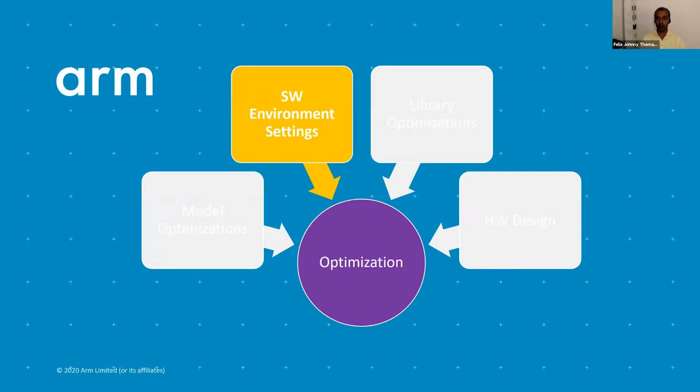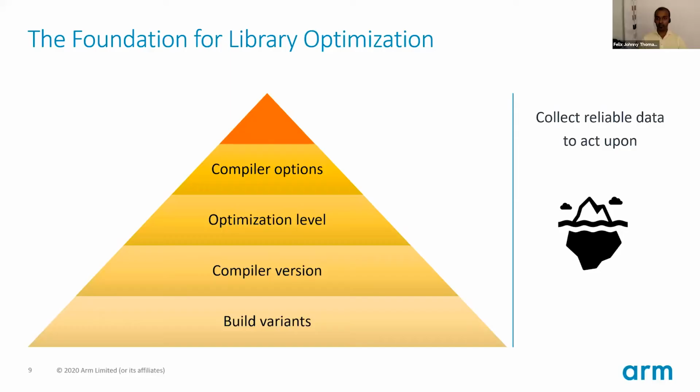All right. Now let's get into the details. We'll take the first part, which is the software environment settings. As boring as it may sound, it is the foundation on which optimizations are based. It is also the moonwalking bear in projects.